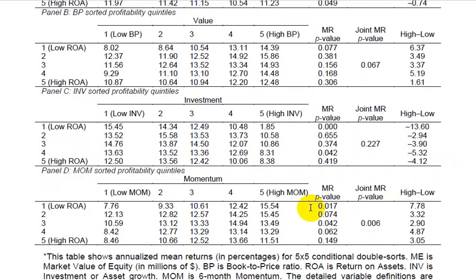Next we have momentum, where the highest momentum companies outperform the lowest momentum companies across all quintiles of profitability, but the only ones that have a monotonic relationship tend to be the least profitable companies. But we see this joint MRP value is very significant. So we can say in most cases, momentum has a monotonic relationship as the past 6-month returns increase.